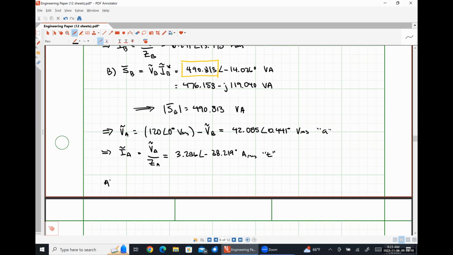For part A then, we know that the complex power absorbed by element A is just VA times IA conjugate.